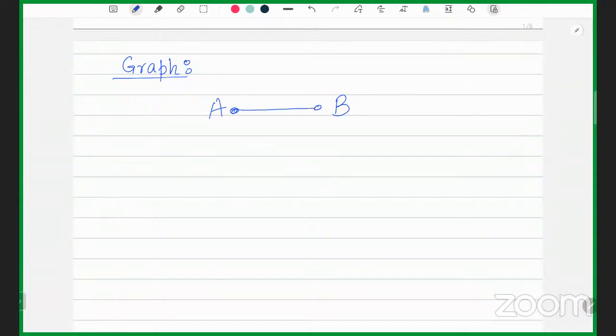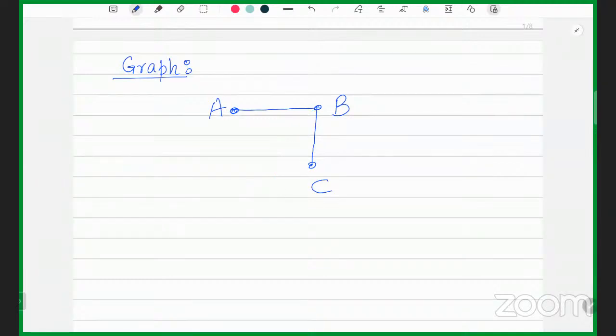Let me draw this road. Similarly, I can have another city, let's say C, and there is a road from B to C. For sure, roads could be of all different shapes, but the shape of the road is immaterial to me right now. So I'm just drawing a simple line.